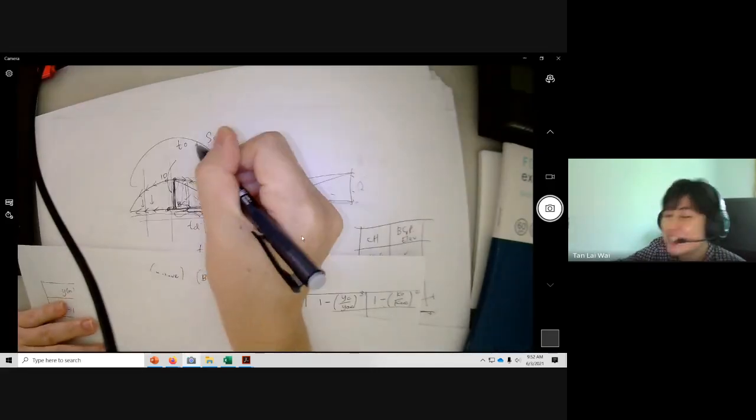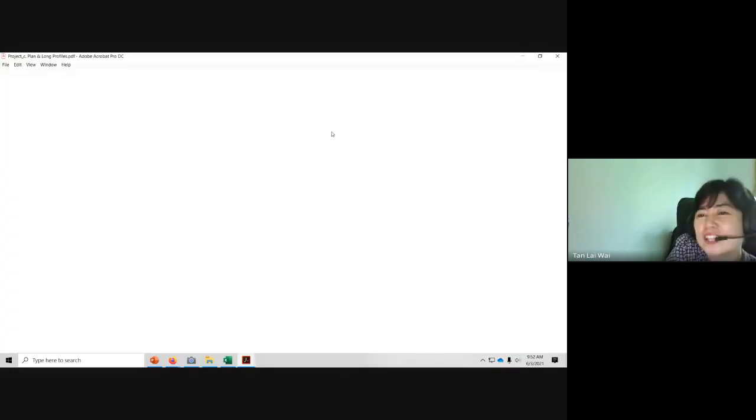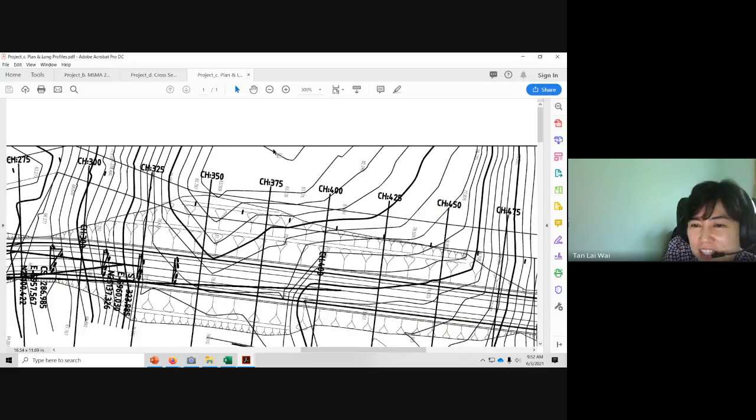Okay, atas ni. Interceptor drain ni, kita kena buat anggaran kecerunan, sebab untuk interceptor drain ni kita kena tentukan juga L0 ataupun S0, kecerunan dia. Jadi saya buat anggaran contohnya ini 82, 83. So ini titik ni kemungkinan sebab dia meningkat.